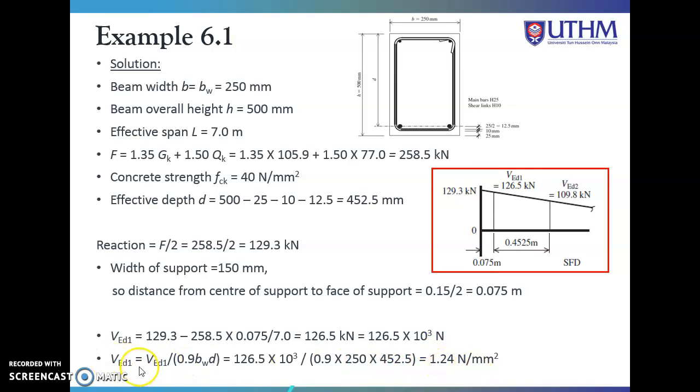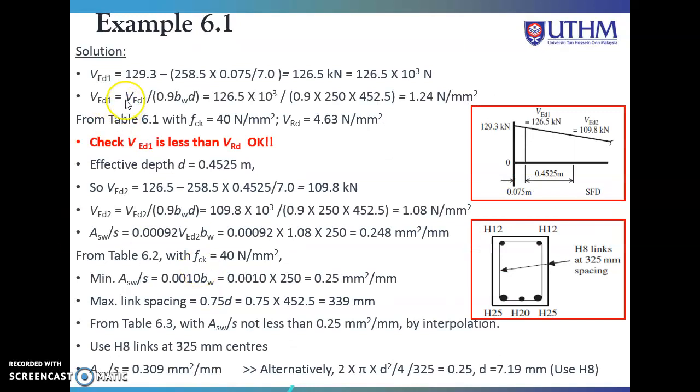So shear stress ini mestilah lebih kecil daripada VR. So next step is we need to calculate the VR. Okay, so we already know the shear force, shear stress.